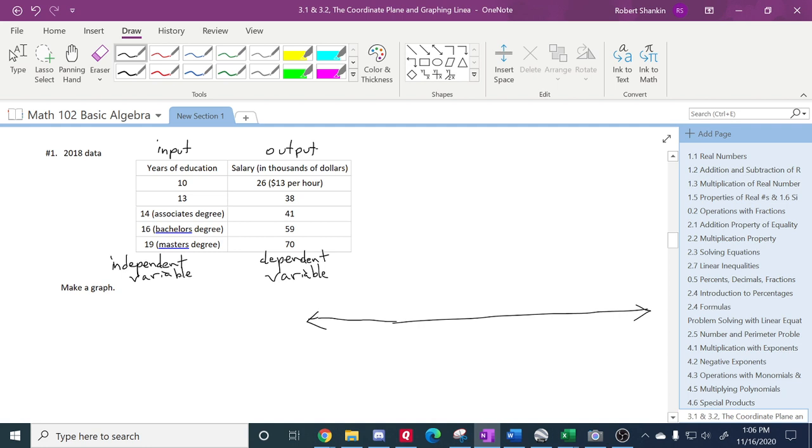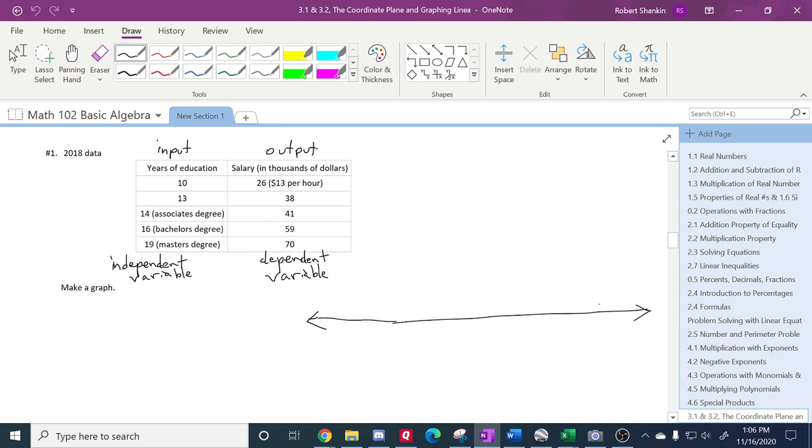You have all kinds of choices on picking whichever input you want. You can play what if games. What if I do 19 years? So that's independent. But this one, you don't have any choice on it. Once you've chosen your independent variable, there's just one answer. It depends on what you chose. If the input is 19, the output is 70. The input is 13, the output is 38.